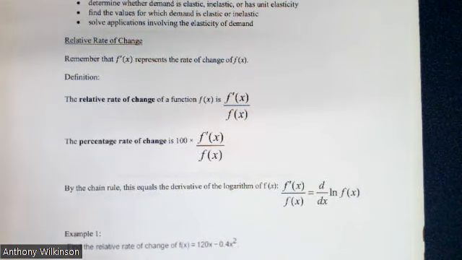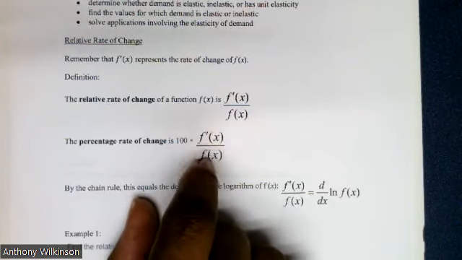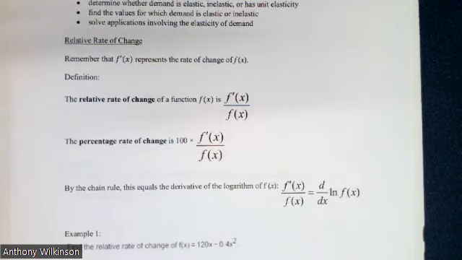Now, the percentage rate of change is similar to the relative rate of change. The only thing that's different here is we take 100 and multiply it by f prime of x divided by f of x. Okay. And if you think about this, by the chain rule, this is equivalent to the derivative of the logarithm of f of x.